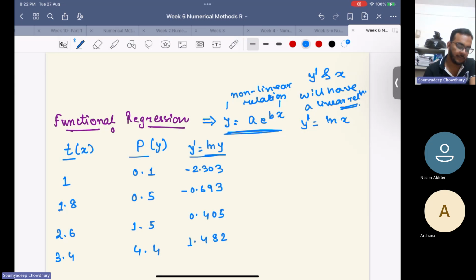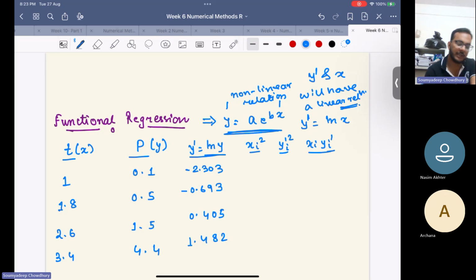So now, similar to linear regression, you forget this P or the y. You have to find a linear regression between this y dash and x. So you have to first find out xi square, yi dash square, xi yi dash.